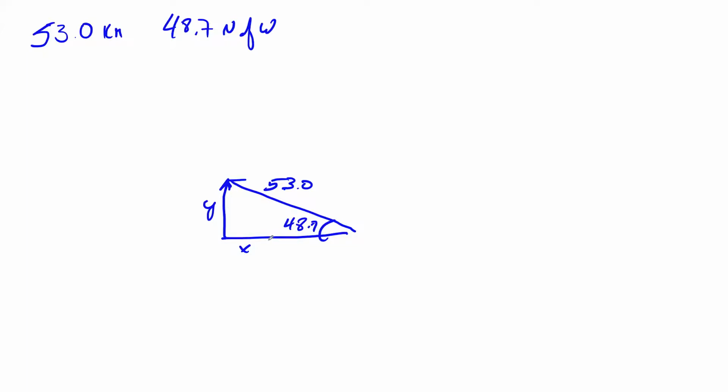So how do we do this now? Remember, when we're looking at trigonometry, the sine of an angle is opposite over hypotenuse. Cosine of the angle is equal to adjacent over hypotenuse. And tangent is opposite over adjacent, or sine divided by cosine.